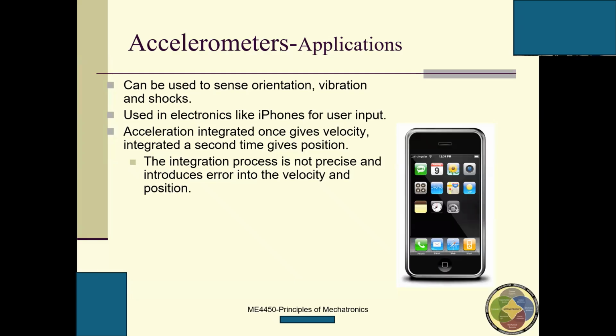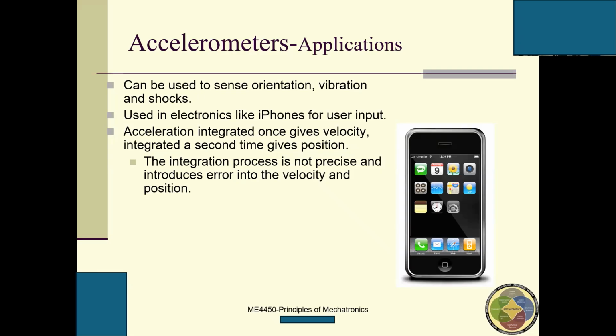So acceleration integrated once gives the velocity. If you have acceleration and you integrate it once, you will get a velocity, and then you integrate again, and you will get a position. As I said, the rule is that if we want to measure the velocity, I usually use a sensor that measures the velocity directly for precision.